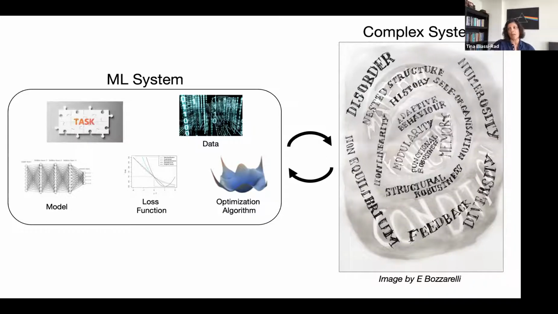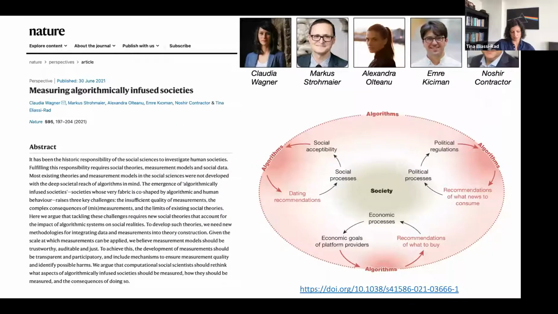And so recently, a couple of months ago, we published a paper in Nature with Claudia Marcus, Alexandra Emre, and Nash about how we live in these societies that are infused with algorithms. What you do online affects the algorithm, which then affects you in society, which then affects the algorithm.